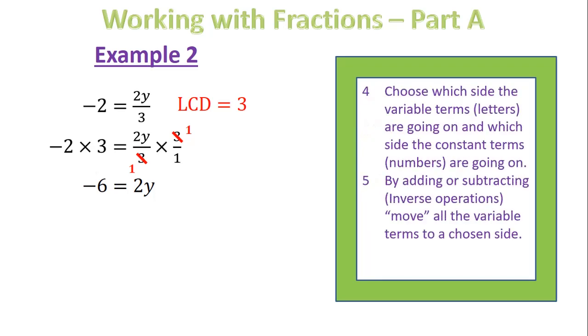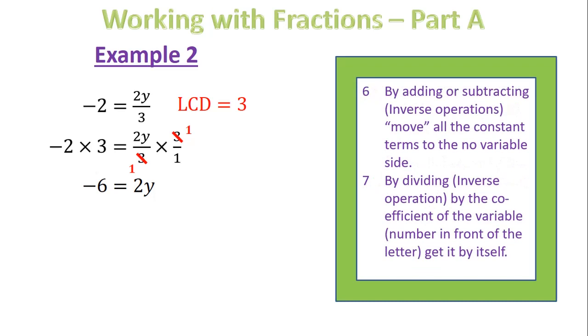Let's look at our next few steps. Step 4, choose which side the variable terms are going on and which side the constant terms are going on. Well, they're already on their own side. So step 4 is done. Step 5, by adding or subtracting, move all the variable terms to the chosen side. Well, they already are. Step 6, by adding or subtracting, move all the constant terms to the no variable side. Well, they already are.